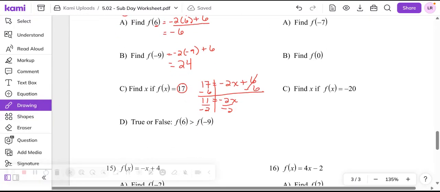And my x value is going to be negative 5.5. Now, for the last problem, it says true or false. F of 6 is greater than f of negative 9. Now, nice thing for this one is we already did those. F of 6, we got negative 6.